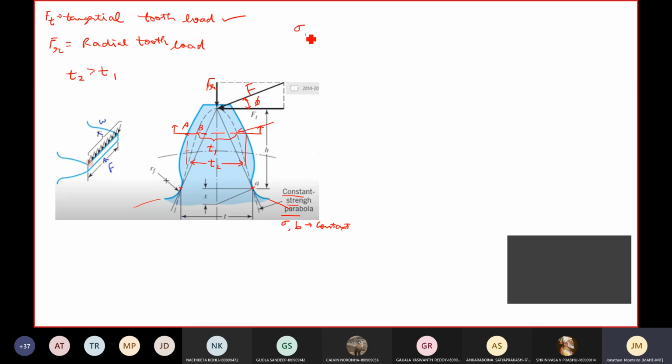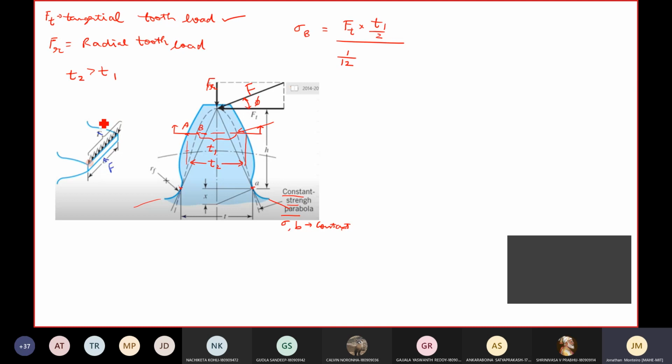What about sigma? Let us describe at point B what sigma is. Sigma B is Ft into T1 by 2, divided by 1 by 12 into the face width. What is the face width?